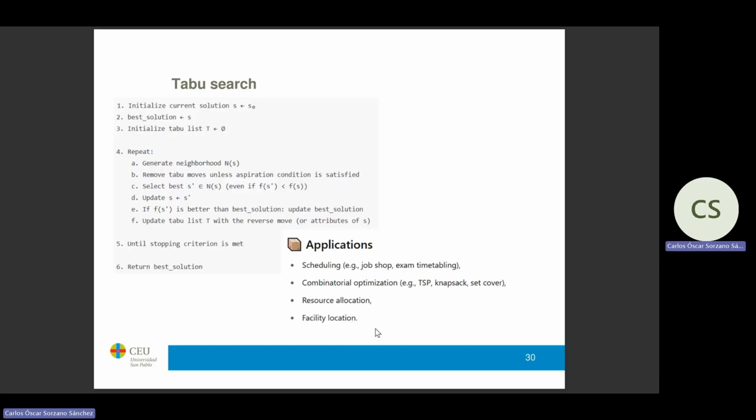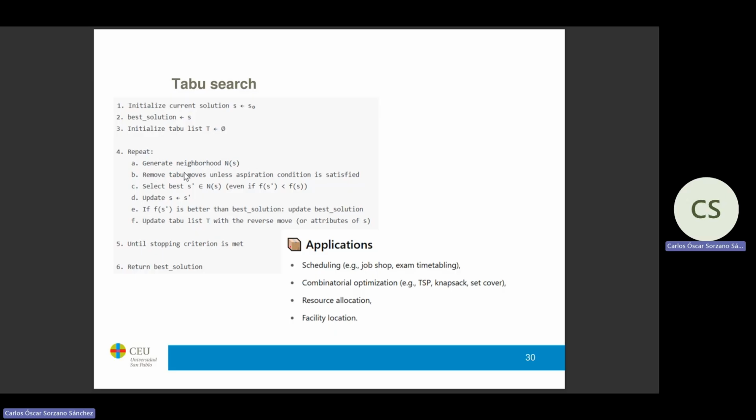So there you have a pseudocode of that algorithm. You start with some solution, you keep track of the best solution, and initially you initialize the taboo list to an empty set. Then you keep iterating until you meet your stopping criterion. What you do is you generate the neighborhood of your current solution.